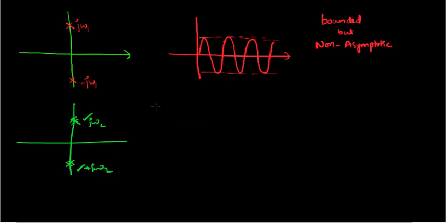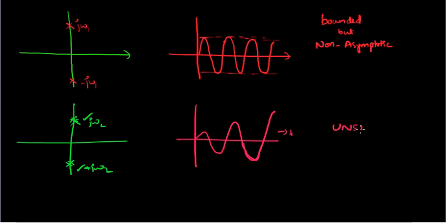In that case, the output response will be like this. It will keep on increasing as time progresses. For sure, if we have multiple roots at the same point on the j omega axis, we can surely say that the system will be unstable.